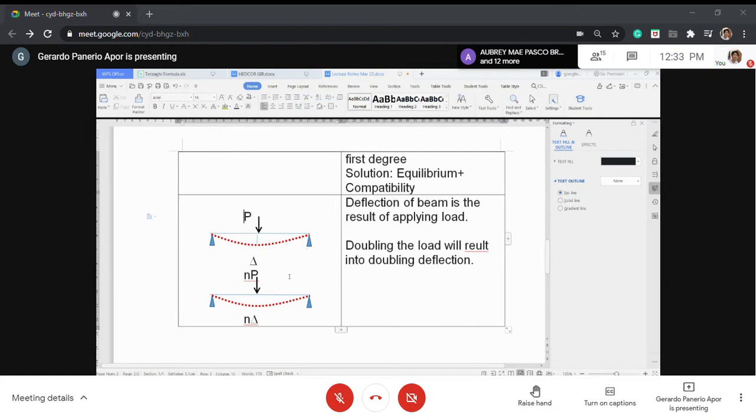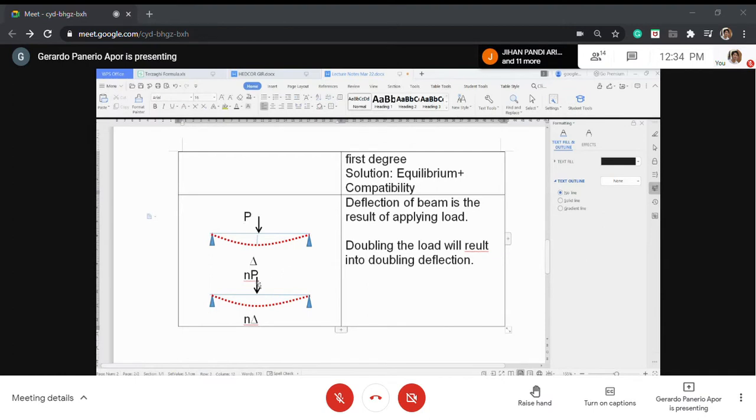So the deflection corresponds to P. If you increase P, the deflection will increase. If you reduce P, the deflection will reduce. If you make P equal to 0, the deflection will be 0 with respect to that load. That is the impact of P on deflection.